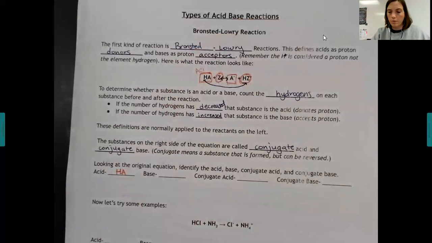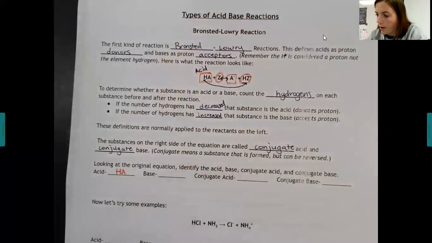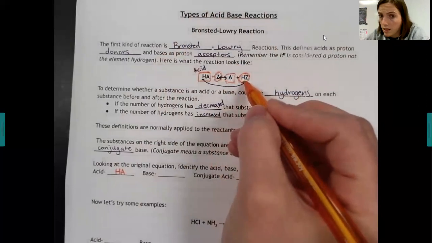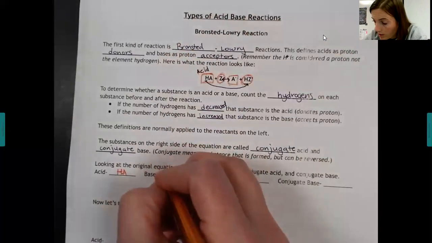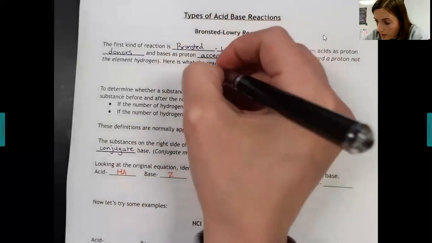Let me write that in a darker color for you. Here it starts as Z and then it goes to HZ, so this is actually increasing the hydrogen. That means Z by itself is the base.